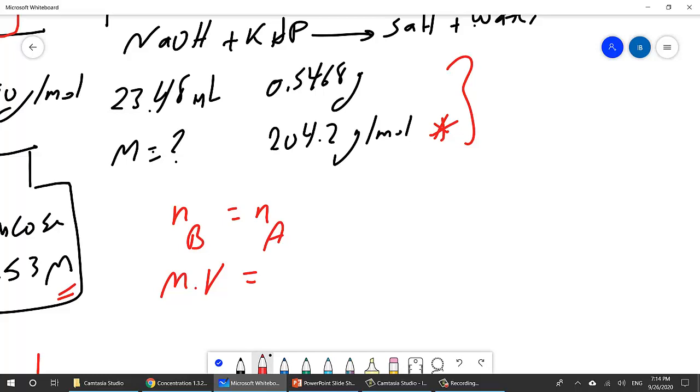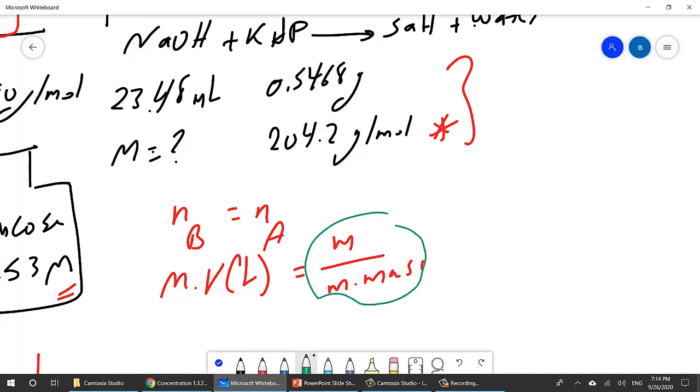So the MV in liters, of course, and this is important, should equal mass divided by molar mass. You find the number of moles, set it equal to the left part, convert the volume to liters, and then you find your molarity.